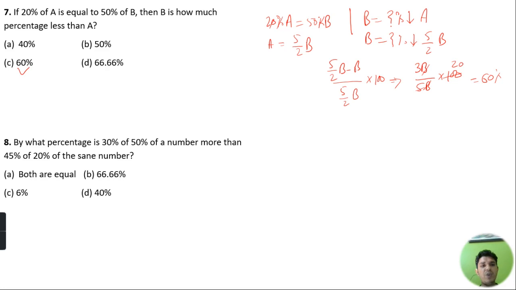Question number 8: by what percent is 30% of 50% of a number more than 45% of 20% of the same number? Let the value be x. 30% of 50% of x is how much percent more than 45% of 20% of the same number, that means x.